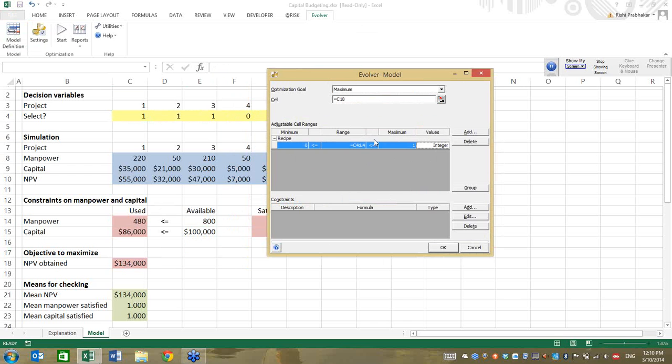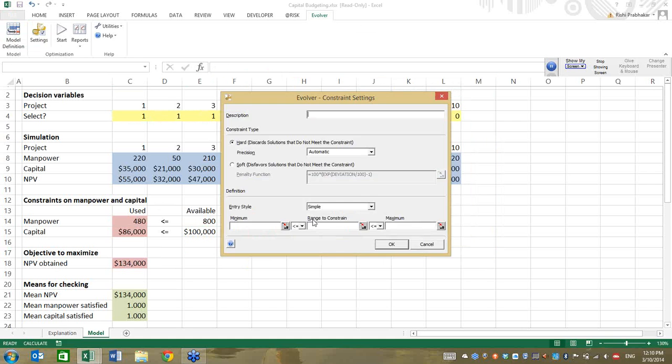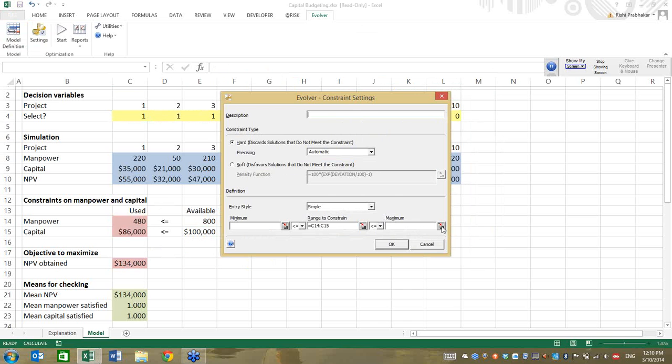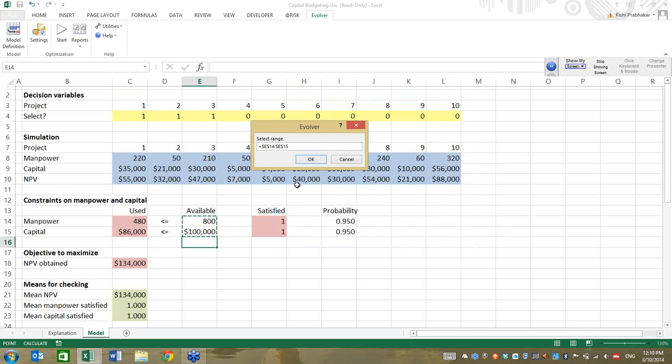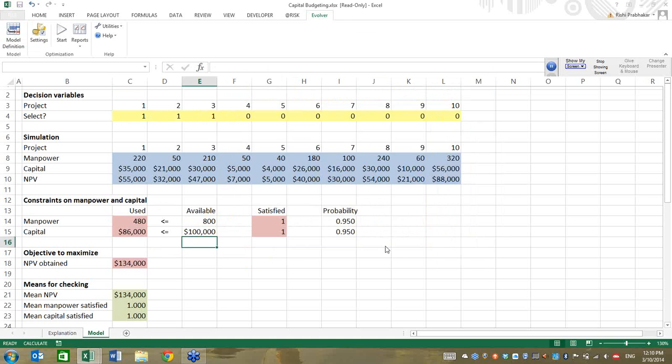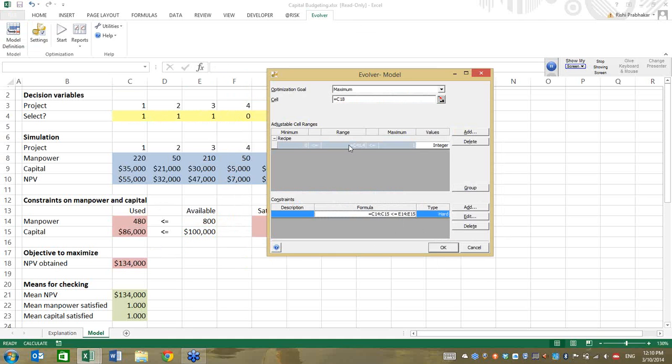There are other approaches to this problem, but we could utilize the grouping method as well. But I'll just stick to a simple recipe. And then we have some constraints, which is that the manpower and capital as calculated cannot exceed our available resources. So relatively straightforward problem. I have my constraints, I have my constrained decision cells.